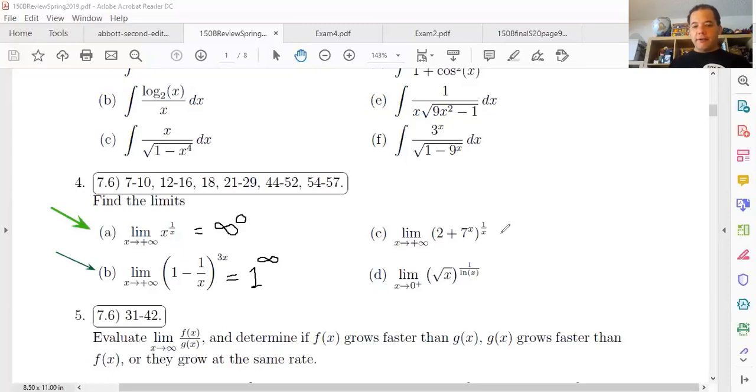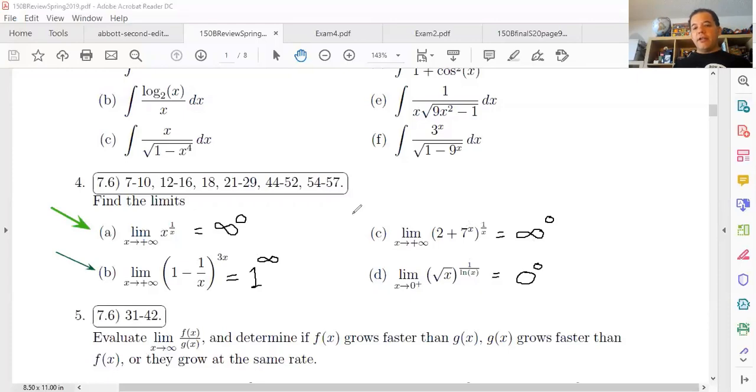The next one, part C, clearly the base goes to infinity, and 1 over infinity goes to 0. So it's again another one that looks like infinity to the 0. And the last one right there, root of x goes to 0. So that's a 0. But when x goes to 0, ln x approaches negative infinity. And 1 divided by negative infinity becomes 0. So this is now an indeterminate of the form 0 to the 0.